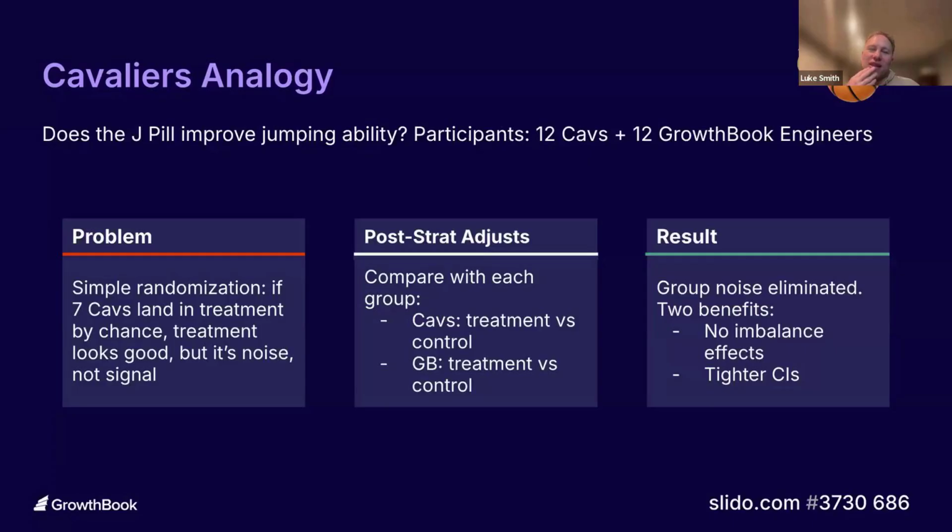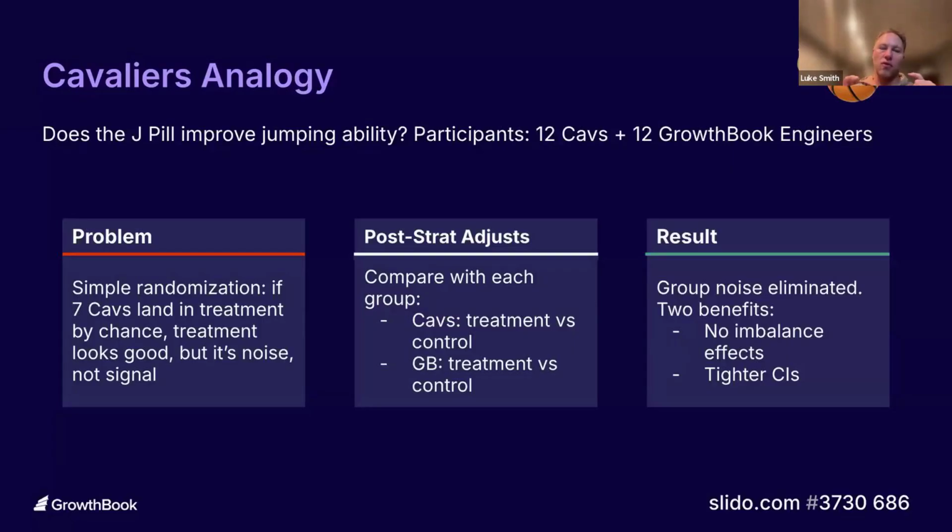So basically what Post-Strat does is it enables comparisons within these groups. It says, for the Cavaliers who were randomized into treatment, we're going to compare their jumping ability to the Cavaliers who were randomized into control. And then we're going to do the same thing for GrowthBookers.